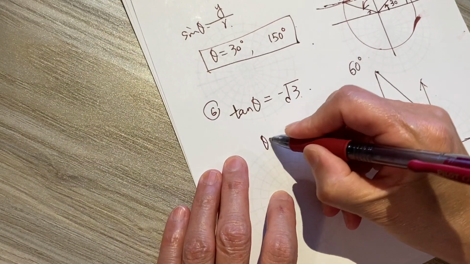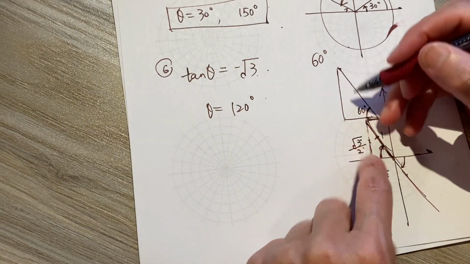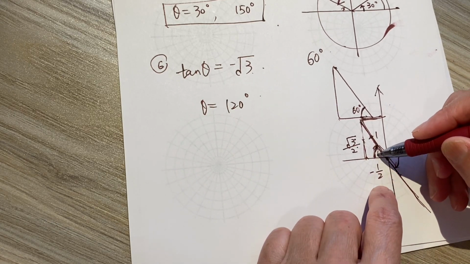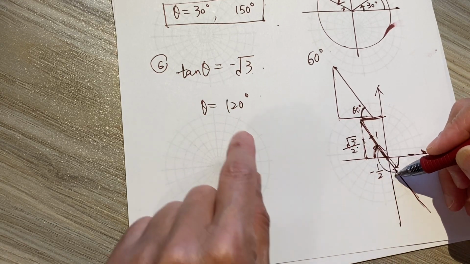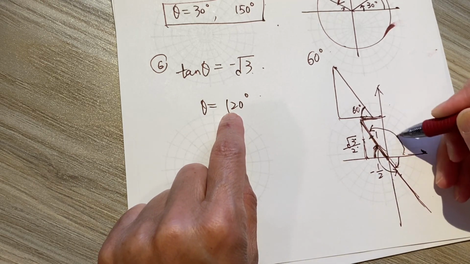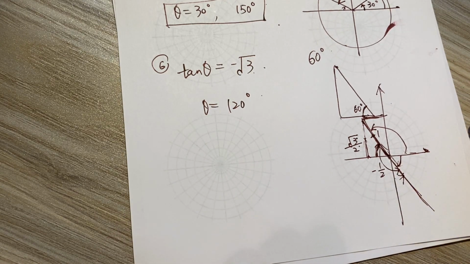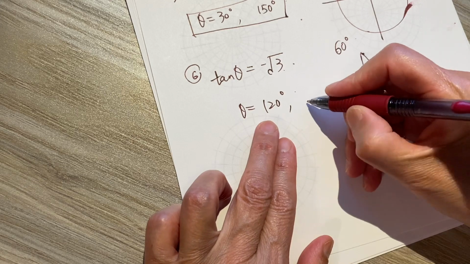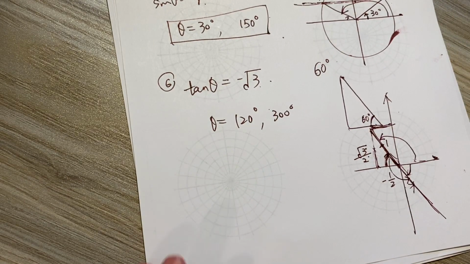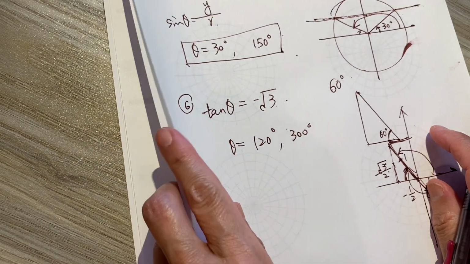So theta is 120 degree is one possibility, and you just flip it around, this is 120, right? 120 plus 180 is 300 degree. So theta is 120 and 300 degree. 2 answers. Okay, next question.